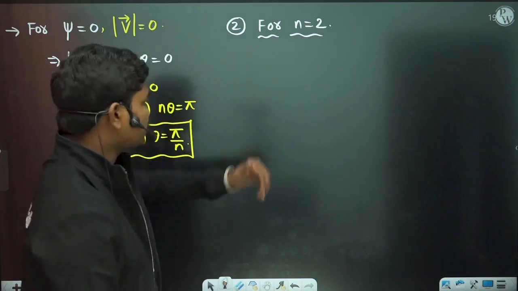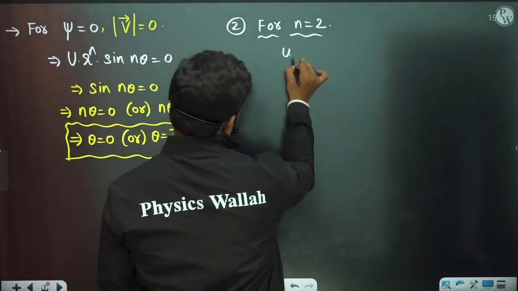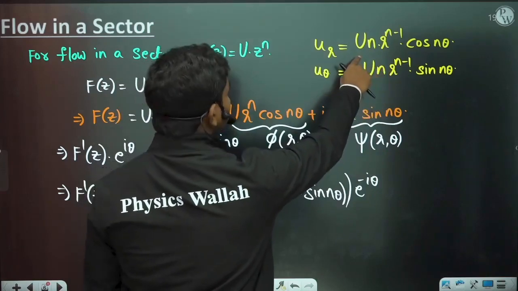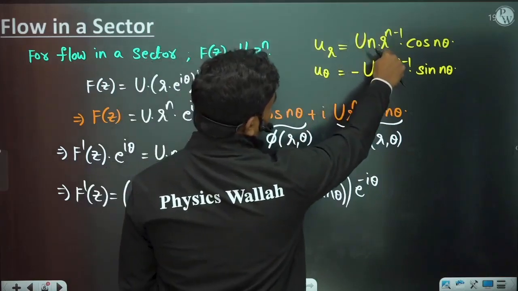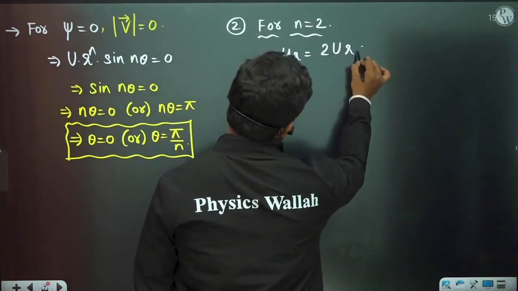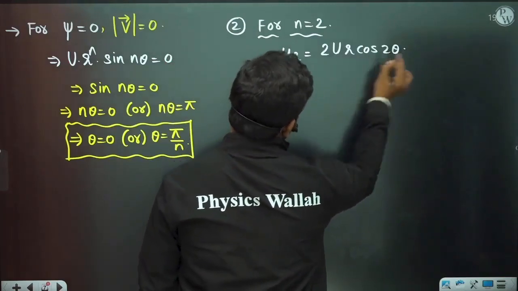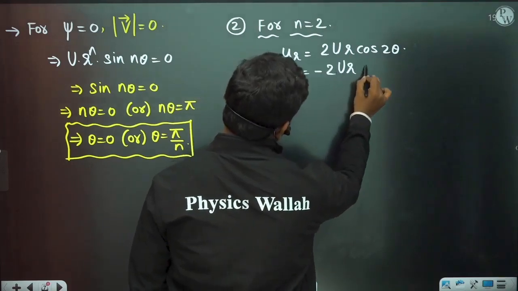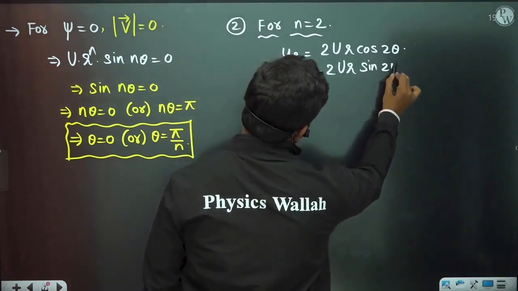If you write the expressions, putting n equal to 2 here, ur is equal to 2 u r cos 2 theta and u theta is equal to minus 2 u r sin 2 theta, correct? So this is what we have.